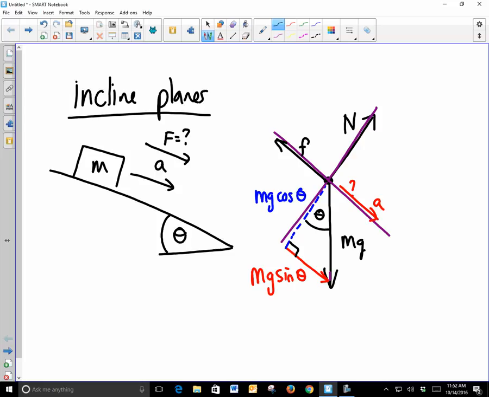Anybody? Are normal force and mg cosine theta equal? Yes. How do you know? It's not accelerating, that's better. It's not accelerating in this direction. It's not taking off. And if it's not accelerating, that means the forces have to be equivalent to each other. So in this case, normal force is equal to mg cos theta.